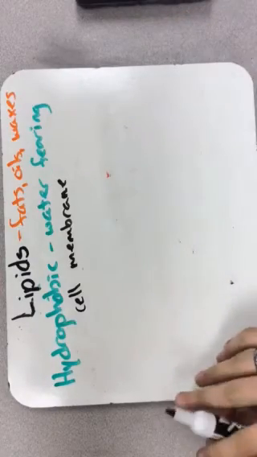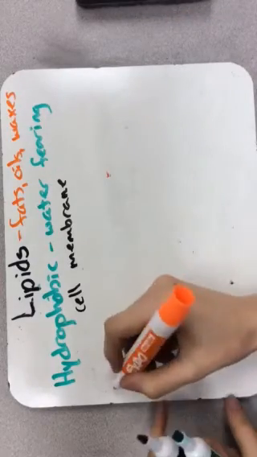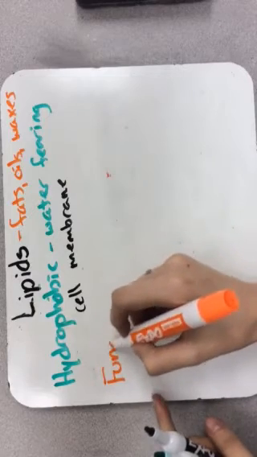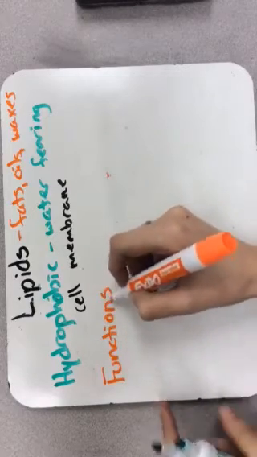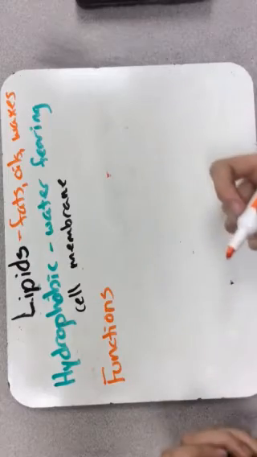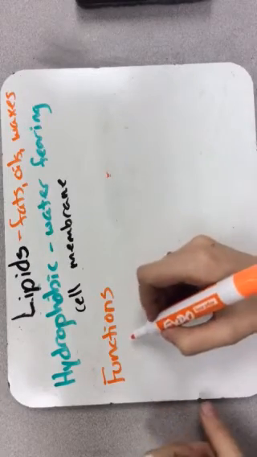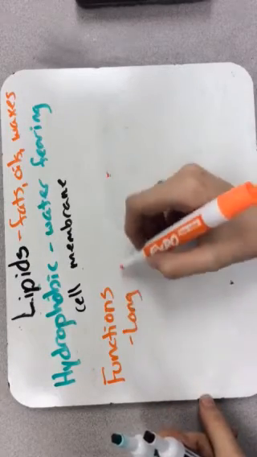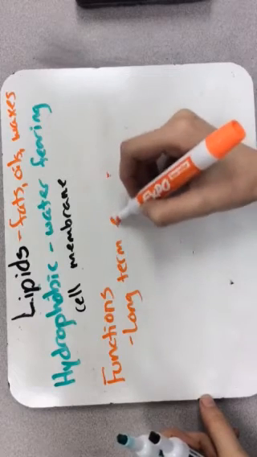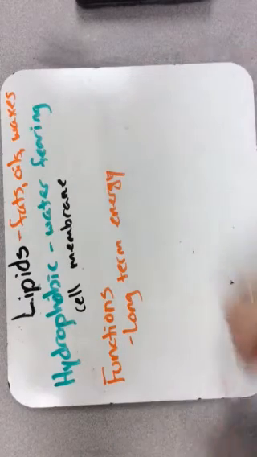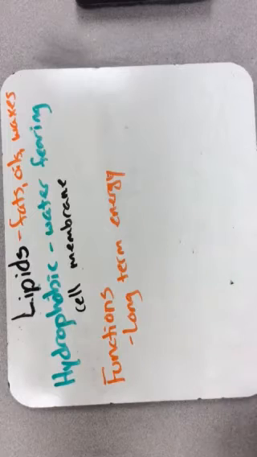The major functions of lipids, this is the most important part, is these functions of lipids, functions of carbohydrates. That's what we really want to get at. The first one is long-term energy storage. Lipids actually contain a lot of energy in them, so whenever we eat fats, it provides us with a lot of calories, but we'll go into calorie contribution of macromolecules later.